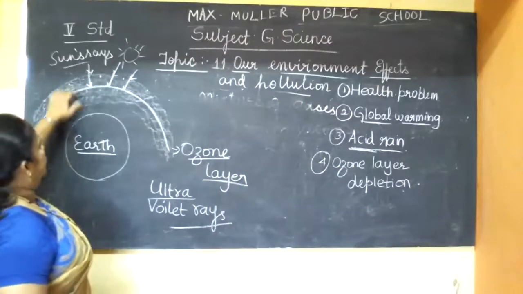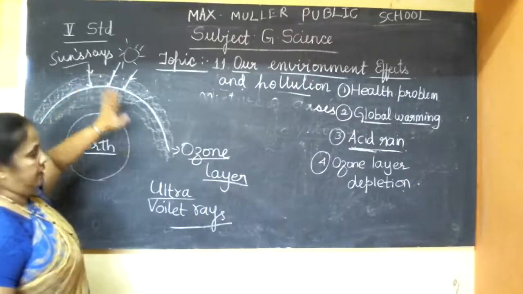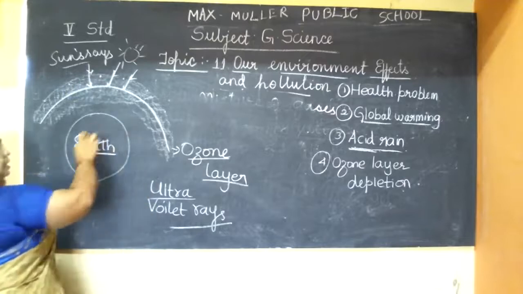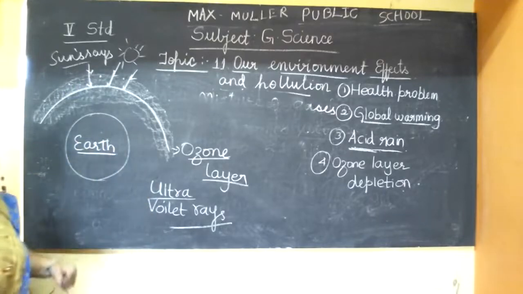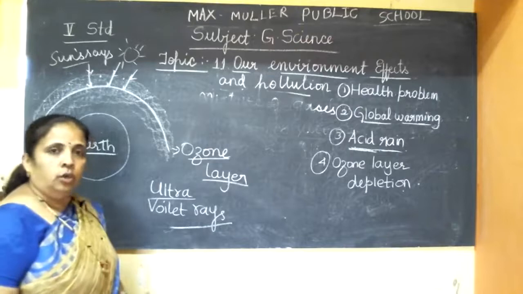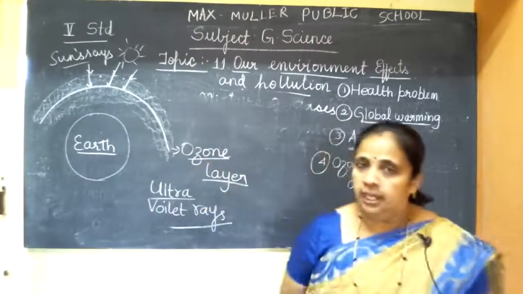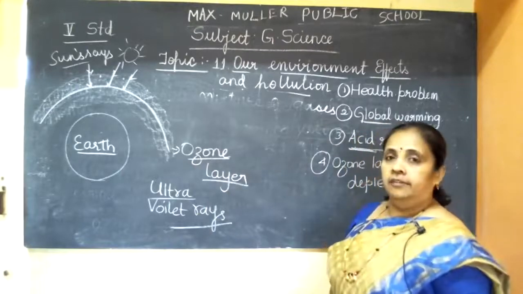So that time, what happens? The harmful ultraviolet rays of the sun reach the earth easily. As I said, it is going to do damage to human beings, plants and animals.